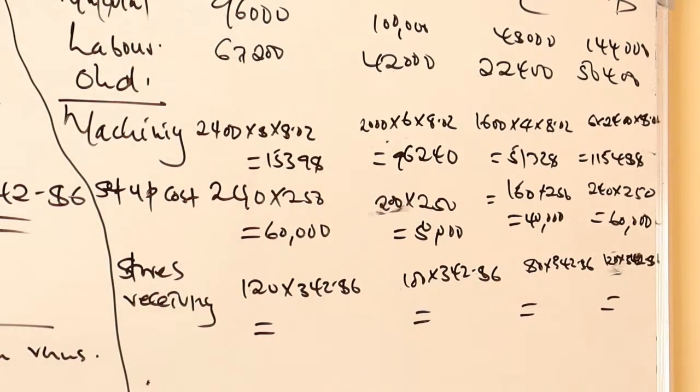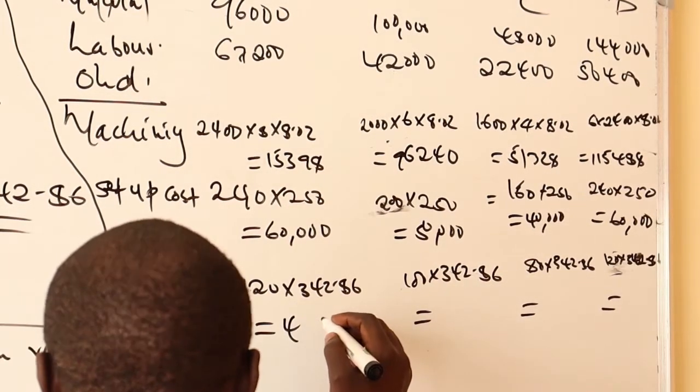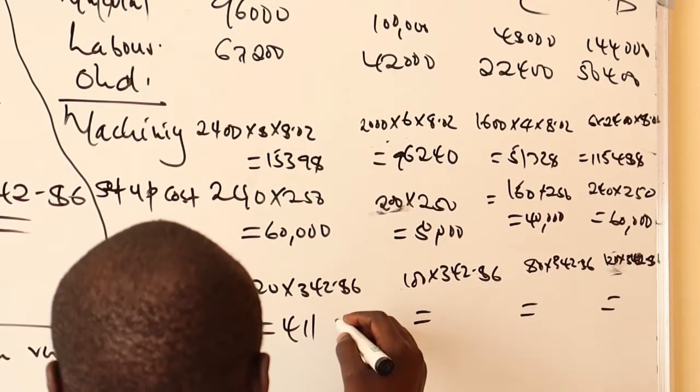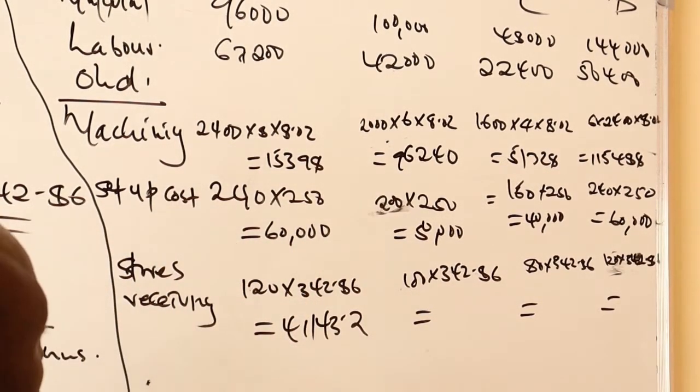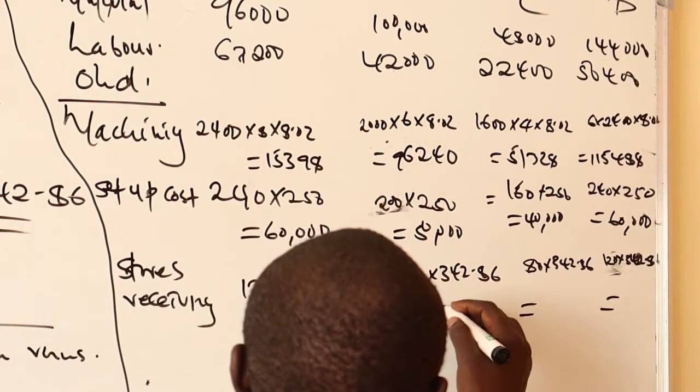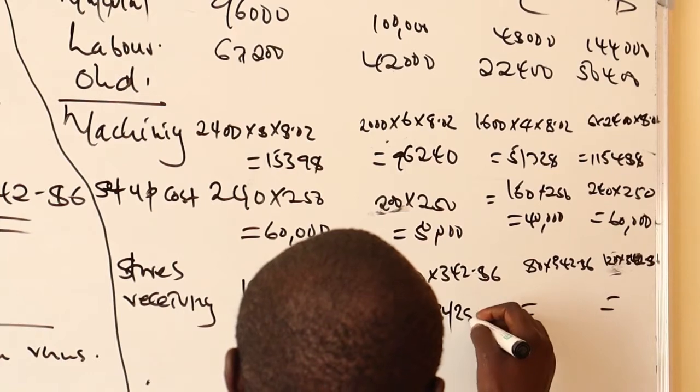So when you do that, 120 times 342.86 is 41,143.2. This is 342.86 times 100, this is 34,286.